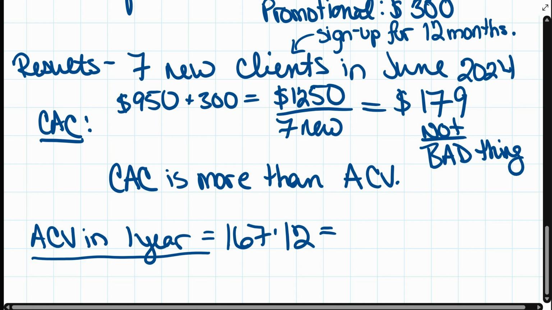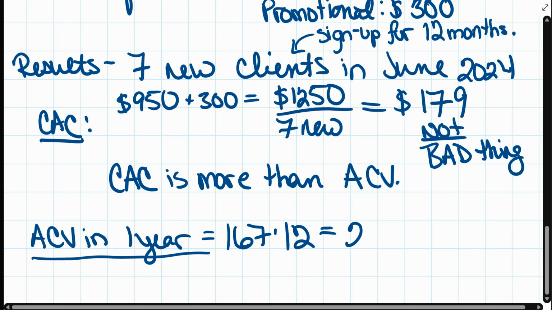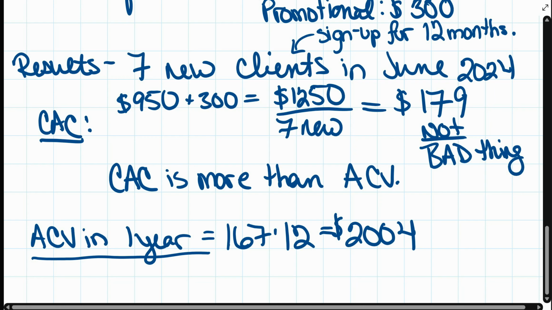You can also use the value of the contract. You can take a whole bunch of different approaches here. But in this case, my average client value for the span of this entire 12 months is $2,004. And I know that my client acquisition cost was a one-time expense of $179.